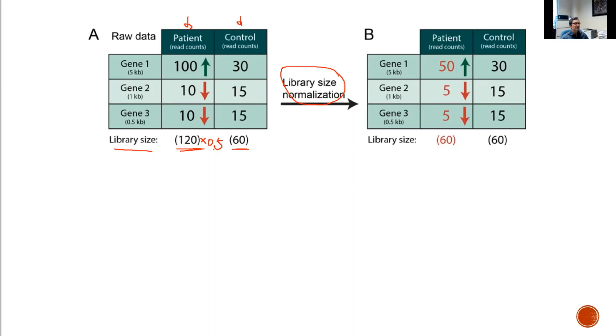So you end up with the same size of library after you rescale every number in this column. Okay, so that's the library size normalization.